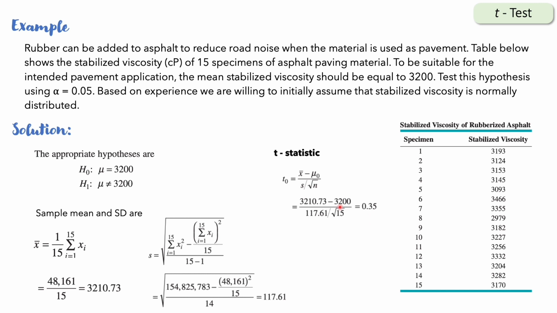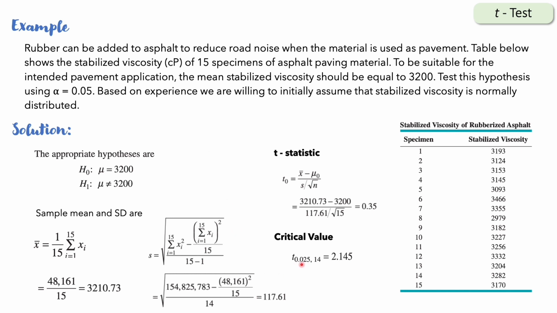Now we have to find out the critical value, which will help us decide whether to reject or not reject the null hypothesis. So for critical value, we have to find out the value of t alpha over 2. Why t alpha over 2? Because it is a two-sided test. When it is not equal to, it means that it is two-sided. So we have to find out this value of t.